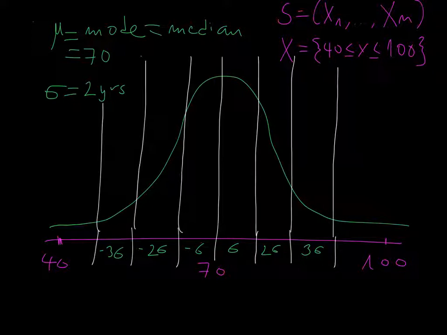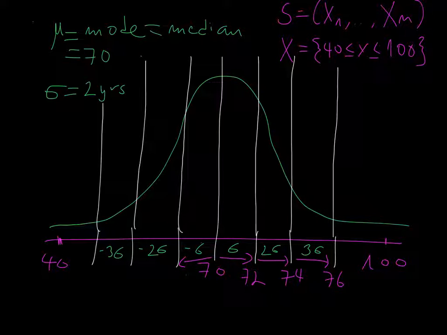This graph now tells us that at 1 standard deviation away from the mean, our age values are 72, and at 2 standard deviations away from the mean, 74, and at 3, age values of 76.